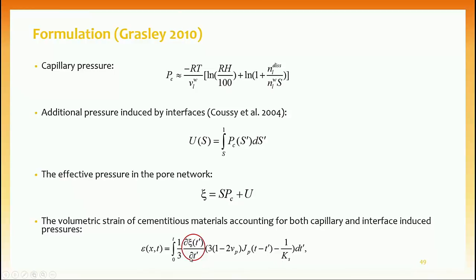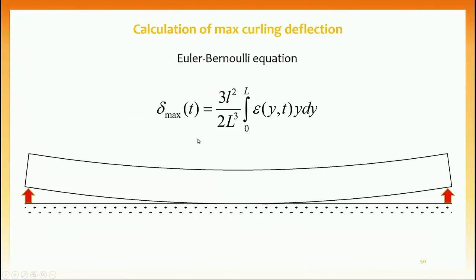And I just want to highlight the impact of the rate of effective pore pressure, which I'm going to talk about later. And then we use those strains that we found, and through the use of the Euler-Bernoulli equation, we were able to find the maximum deflection of the samples.